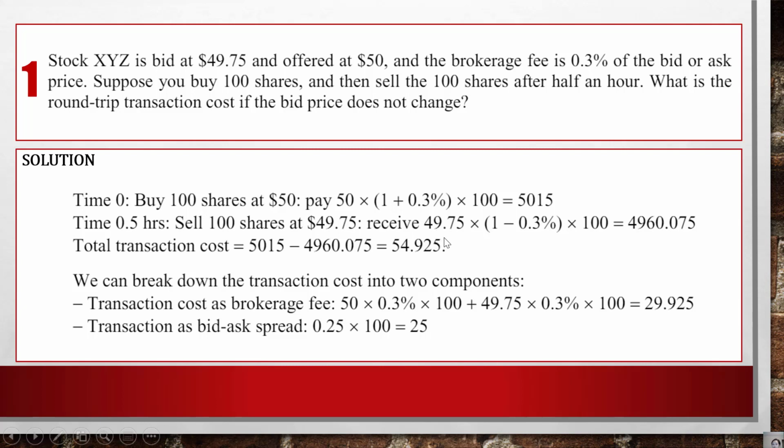So we receive 49.75 times (1 subtract 0.3%) times 100.